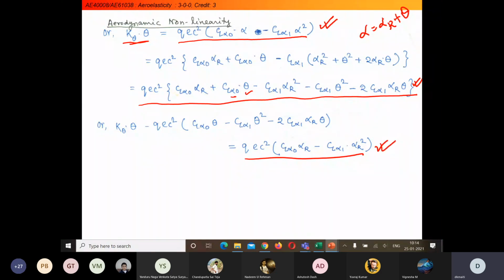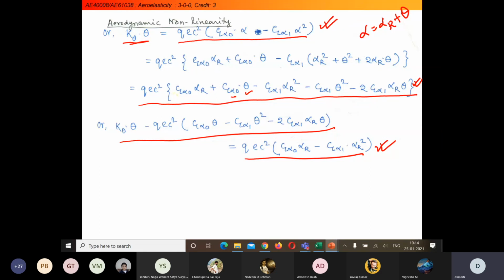So this is the equilibrium equation we are getting here. Now, if I solve this equation, I will get two values of theta for which this equilibrium condition is maintained. In the earlier condition, as we considered only linear theory, we could get only one value of theta, for which the system is stable or unstable. In this case, as the aerodynamic theory is considered with a quadratic nonlinearity, the solution will have two values of theta, theta 1 and theta 2.